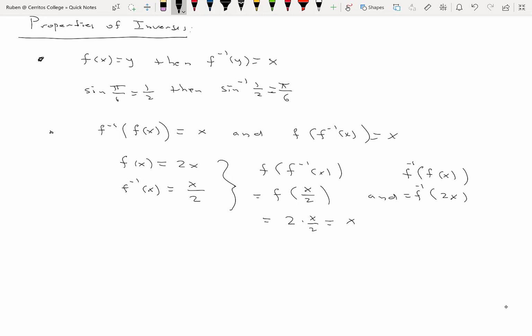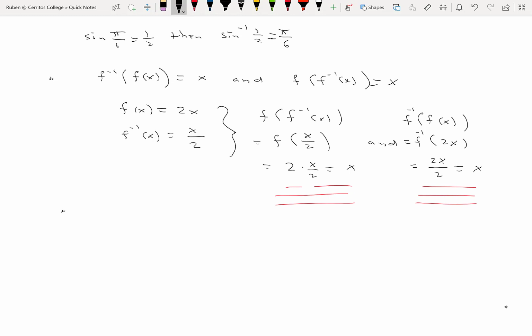And what does f inverse do? It takes whatever you put into it and takes half of it. We're now inputting 2x, so f inverse of 2x is 2x over 2, and that's back to x. So we have both of those equations holding true. Function and inverse cancel each other out.